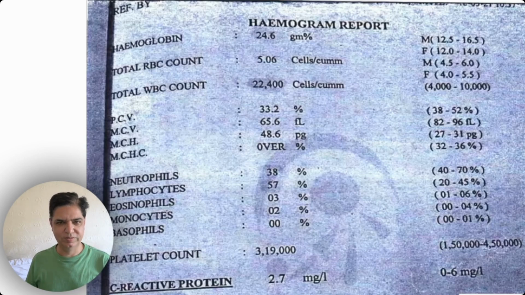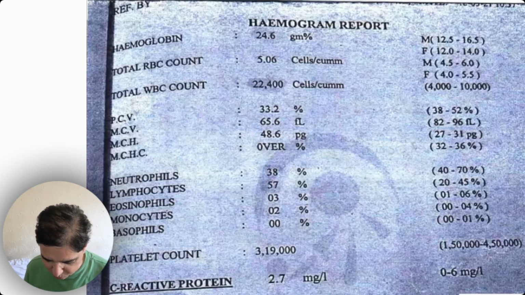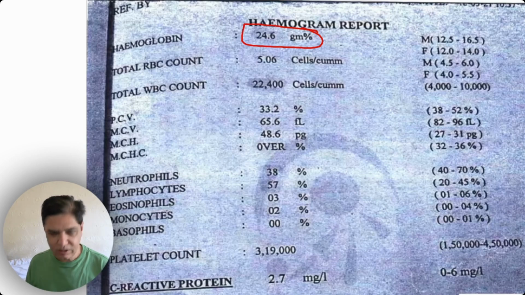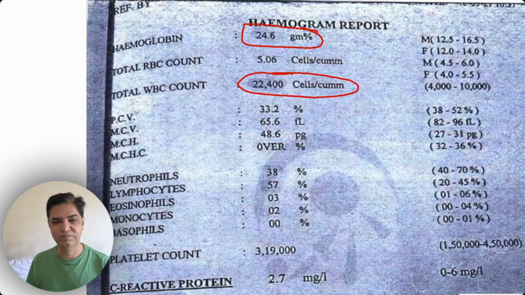Starting with hemoglobin. Yeah, the hemoglobin is quite high in this, 24.6. What else is high? The white cells? Yeah, white cells are high. What else? Platelets are normal.